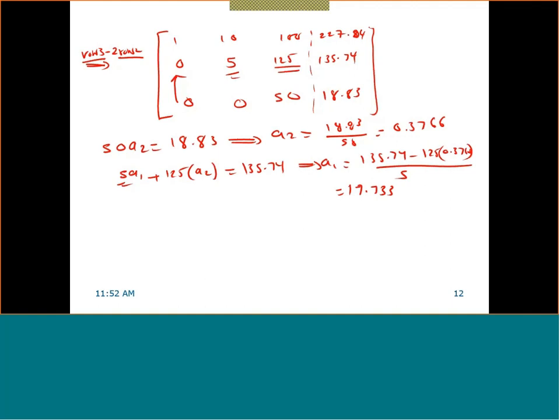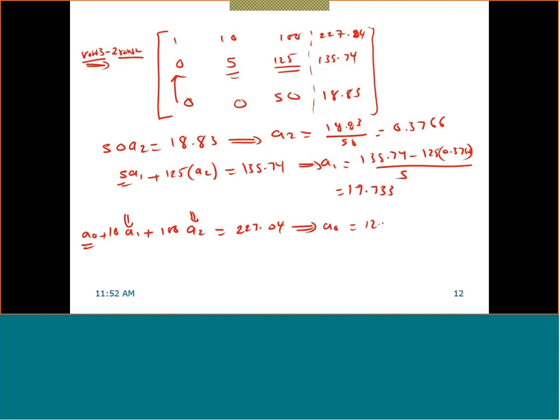And finally, we will have A0. So we have here A0 plus 10 A1 plus 100 A2 equal to 227.04. Now I know A2, I know A1, I need just to find A0. And from this, A0 will equal 12.05. Excellent.